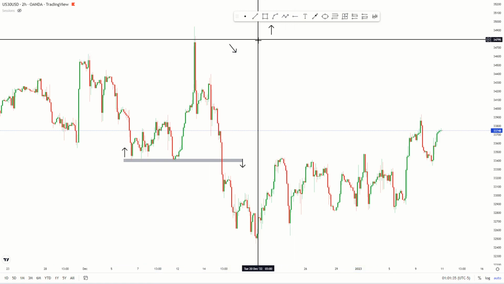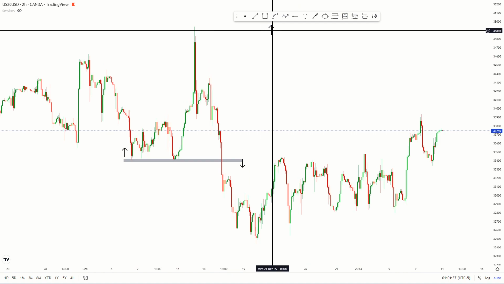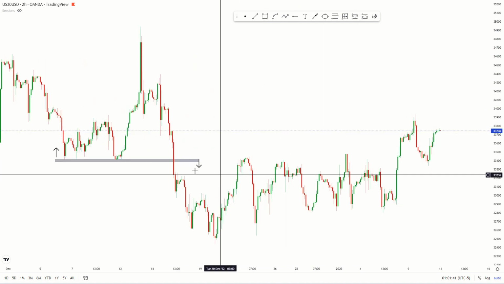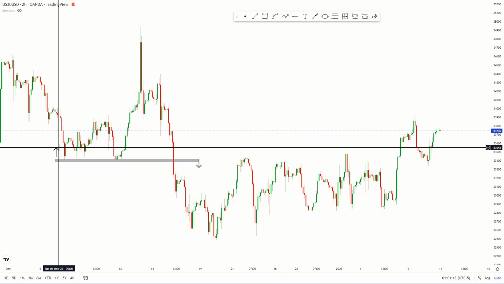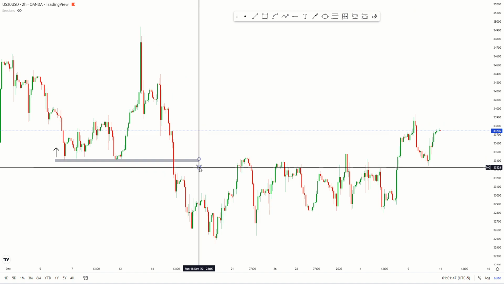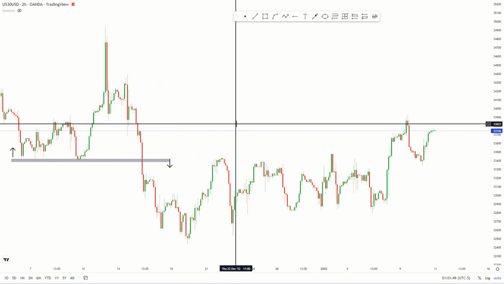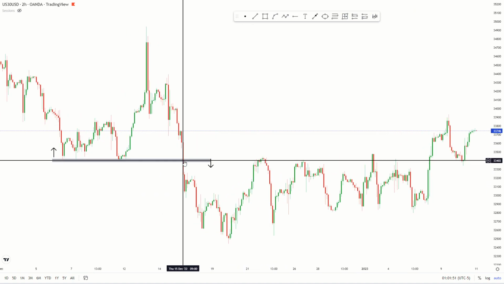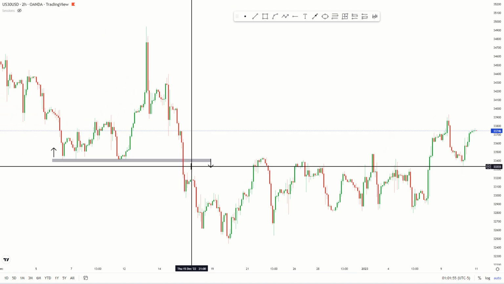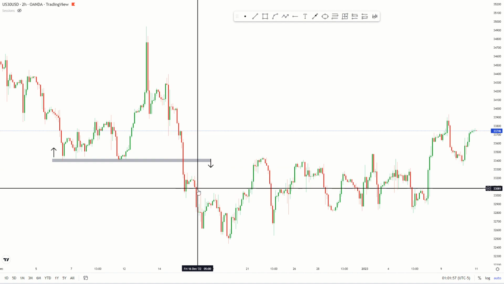So let's just continue. That's a quick example of what I was talking about, right? So remember, every time we're above a box, buyers are in control. Every time we're below a box, sellers are in control, right? So when price came back below this box, who took full control? Sellers. And you can see sellers kicked all the way in.